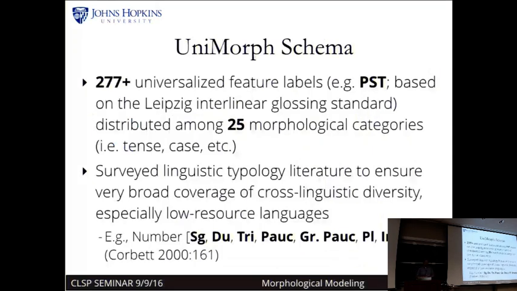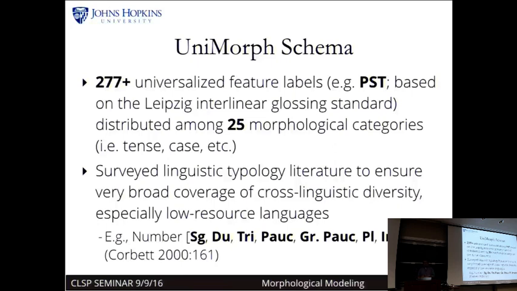A lot of the foundation for what I've been working on here at JHU started with this UniMorph schema, a universal annotation scheme specifically for inflectional morphology. We're focusing on inflectional morphology right now, even though we have some ideas on how to extend it into derivational.